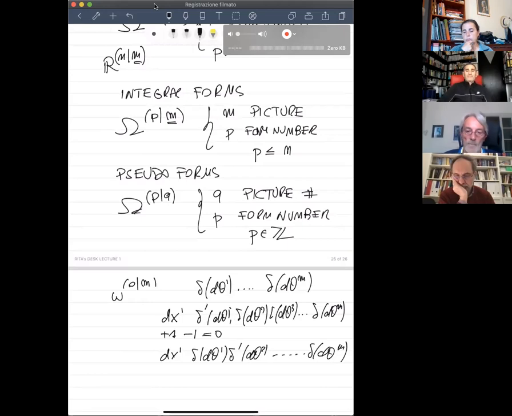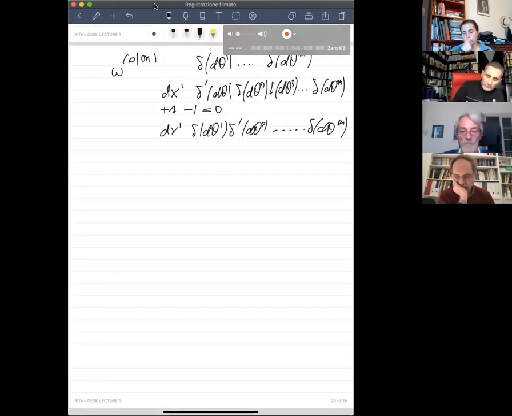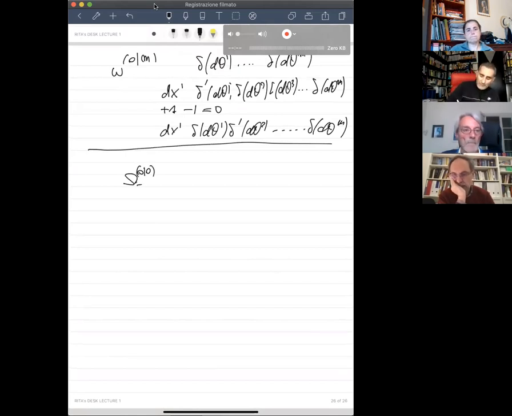Now let me make a nice drawing, which is the following. I have 0-forms, then I have omega 1,0, then here I have omega 2,0, and so on.